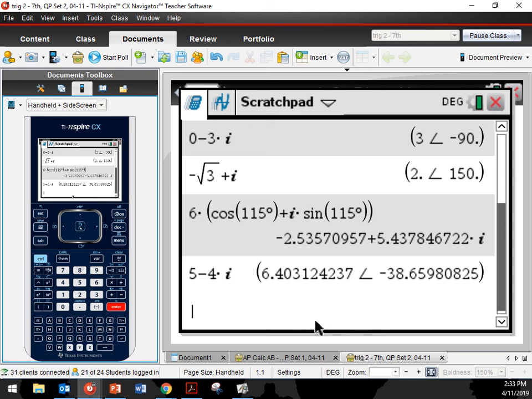I don't want that negative angle, so I need to do what? Add 360. I want the coterminal here. It's in quadrant 4, isn't it? It's to the right 5 and down 4. That's quadrant 4. But it's negative, so I'm going to add 360 to that number.